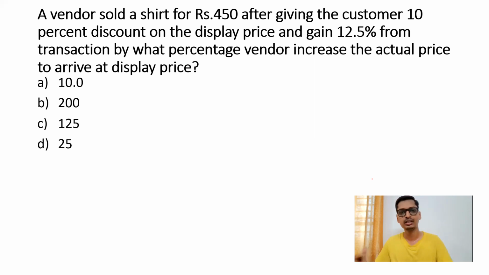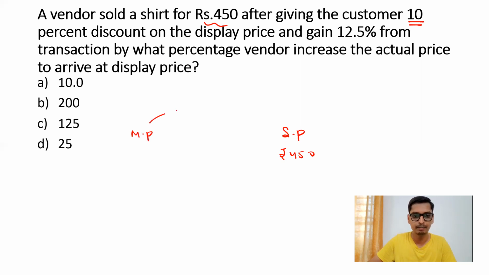The vendor sold a shirt at rupees 450, so the selling price is 450, after giving the customer 10% discount on the display price. The display price is nothing but the market price, right? From this market price, he gave a 10% discount and sold for 450 rupees. That means he is selling only what percentage of the market price?